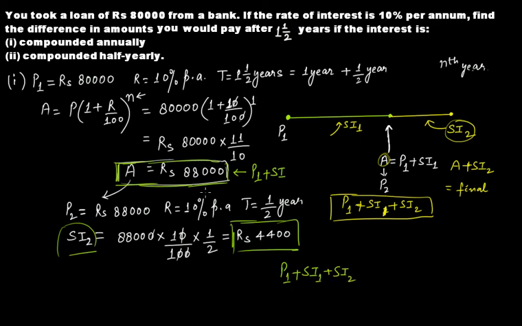So simply put, this P2, that is 88,000, plus this interest, that is 4,400, will give you 92,400 rupees. 92,400 is the total amount when the interest is compounded annually.